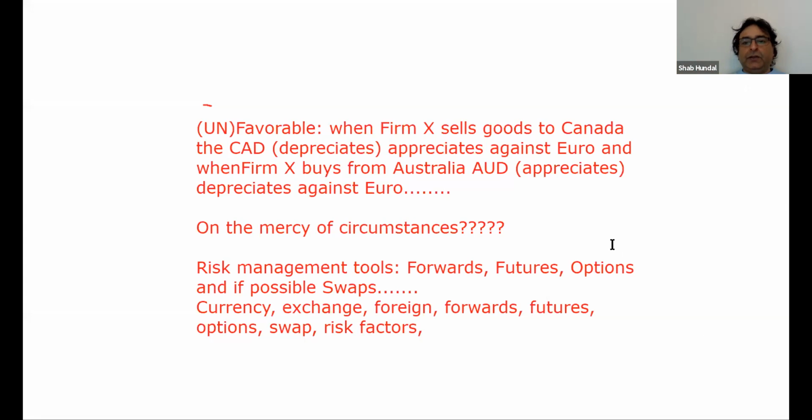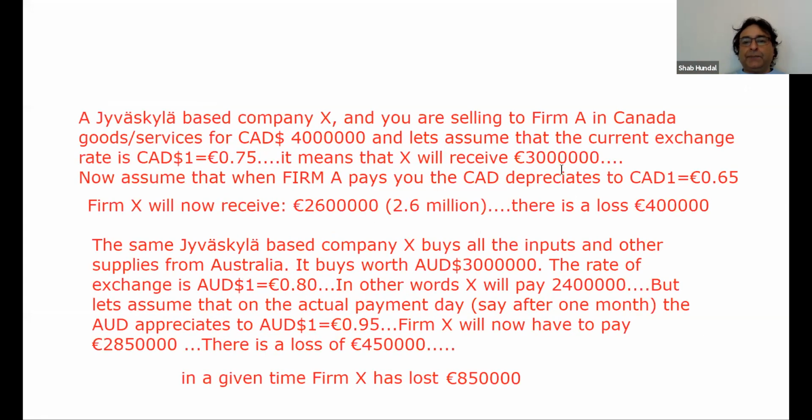And after you understand, it's not rocket science. The only thing is that when you receive money, the foreign exchange becomes worthless, so you got less money. And when you are paying abroad, the foreign exchange becomes more expensive, so you have to pay more. It's like saying you are selling something and the price is getting down, but when you buy something, the price is going up and you are in a bad situation.